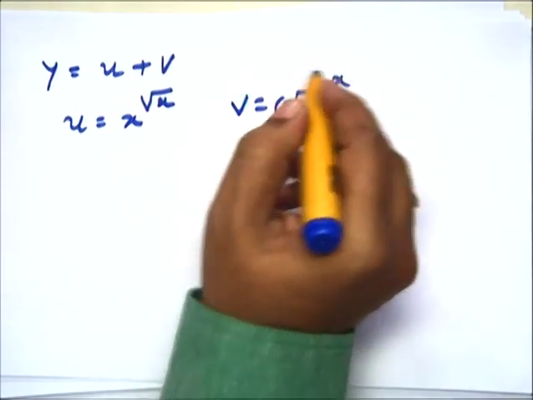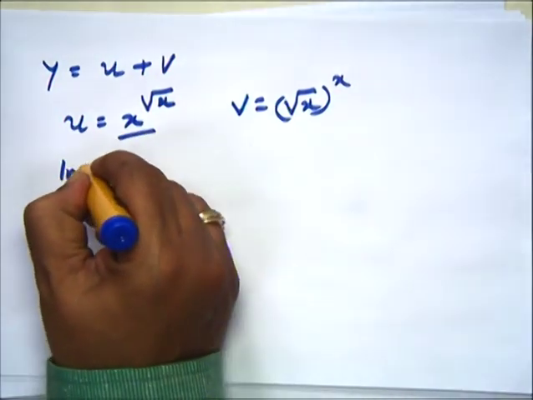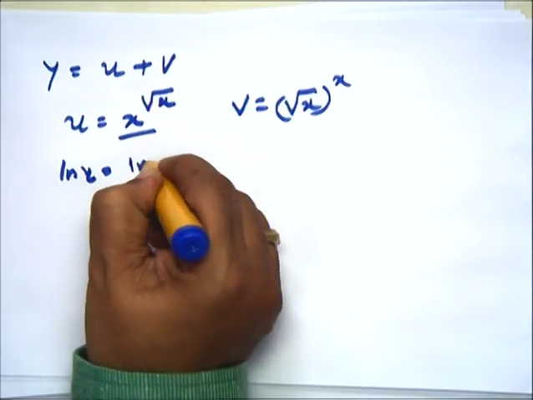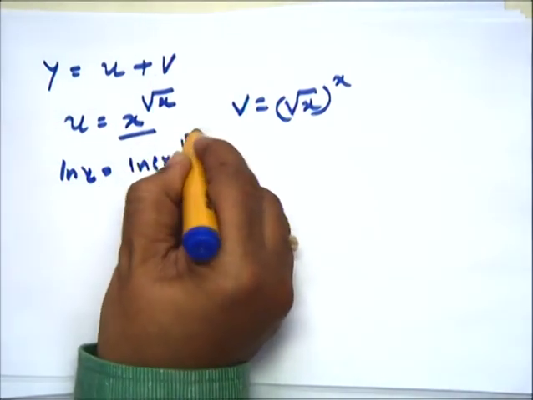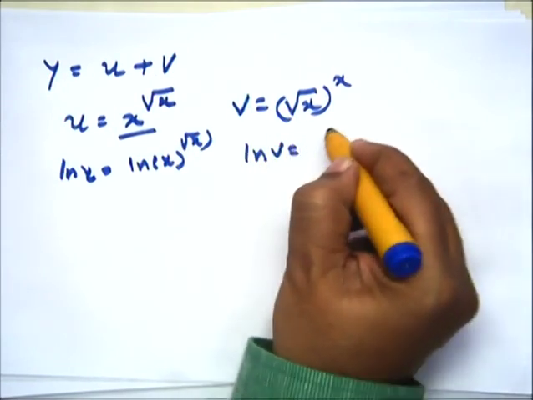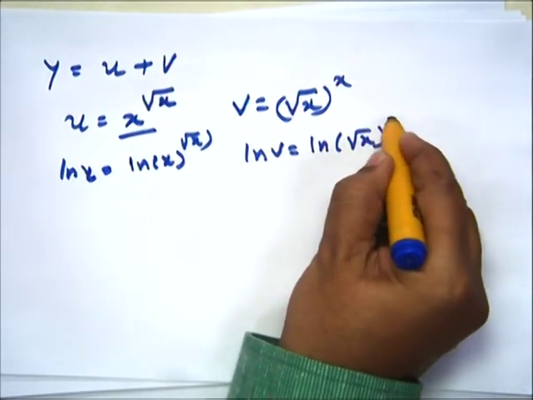Now what we can do here, we can take log both sides of this function, that is, log u is equal to log x raised to root x and log v is equal to log root x raised to x.